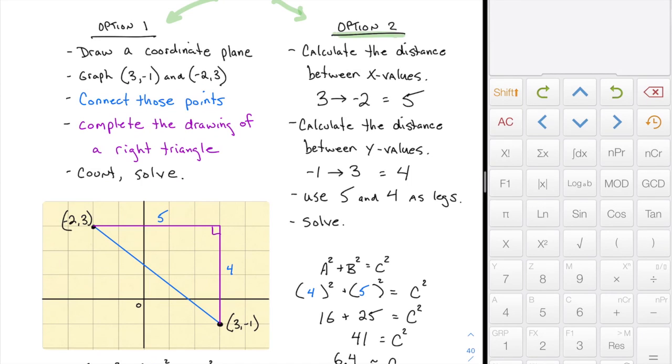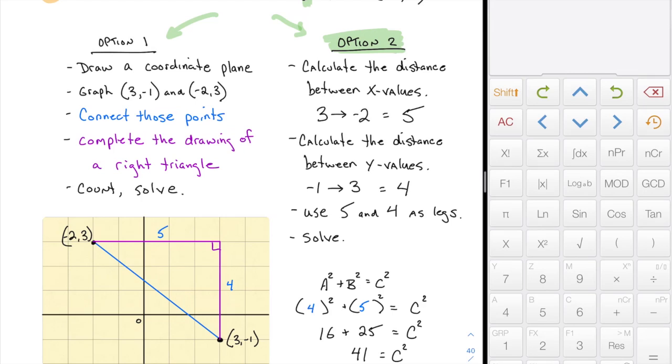Option number 2 is what I'm going to show off in this video. The first step in option number 2 is, instead of drawing anything, calculate the distance between your x values. Now your x values are 3 and -2.